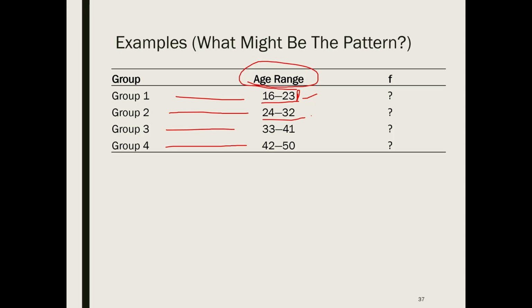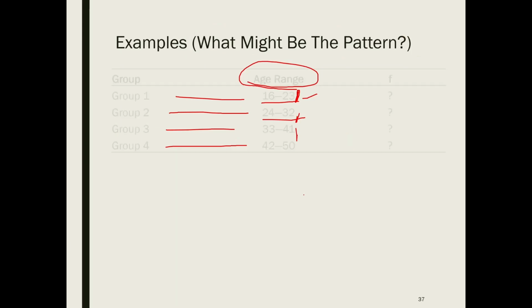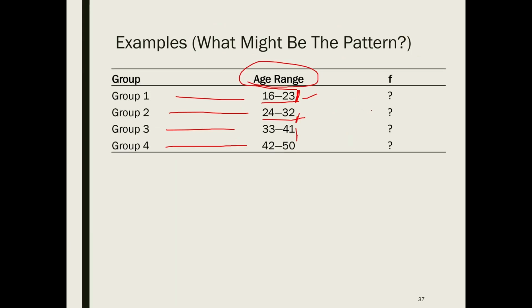So it's not going to be exhaustive, so it's not right. Make sure each group is connected but does not overlap, like 32, 33, 41, 42, something like that. You can pause the video, go back to the previous slide, and based on this age range, add those frequencies together.